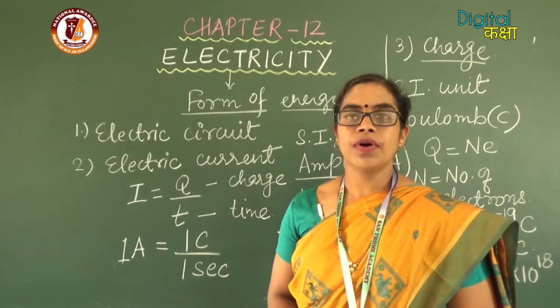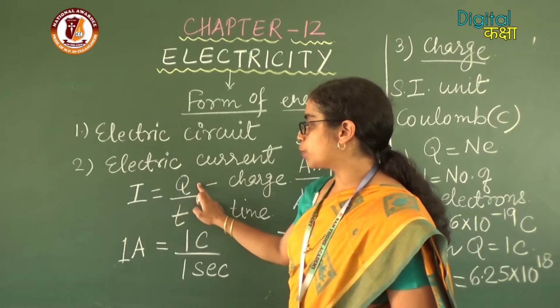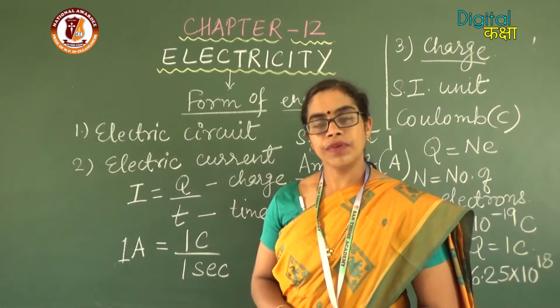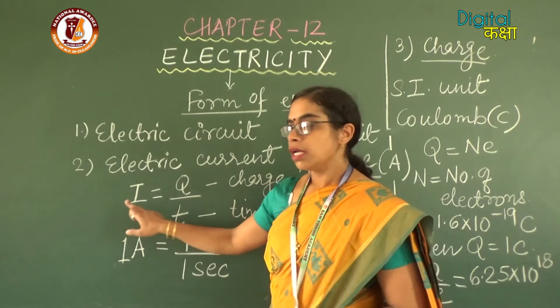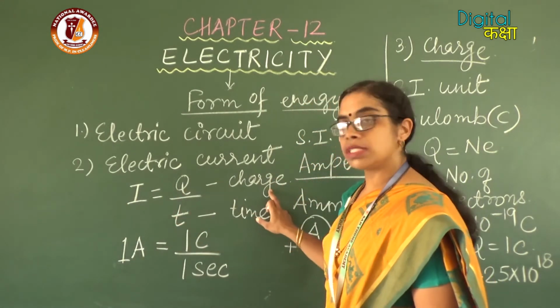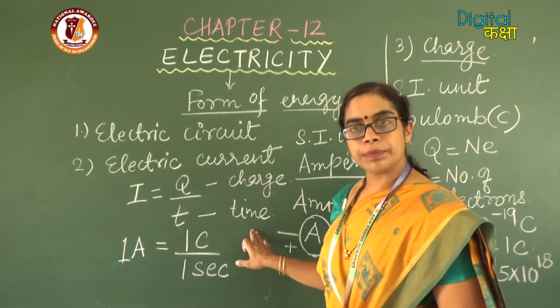The formula for the electric current is given as I = Q/T, where I is the standard representation for the current, Q is the representation for the charge and T is the representation for the time.